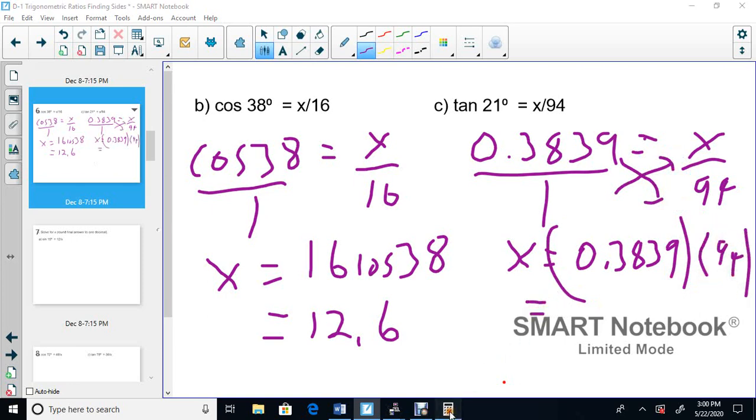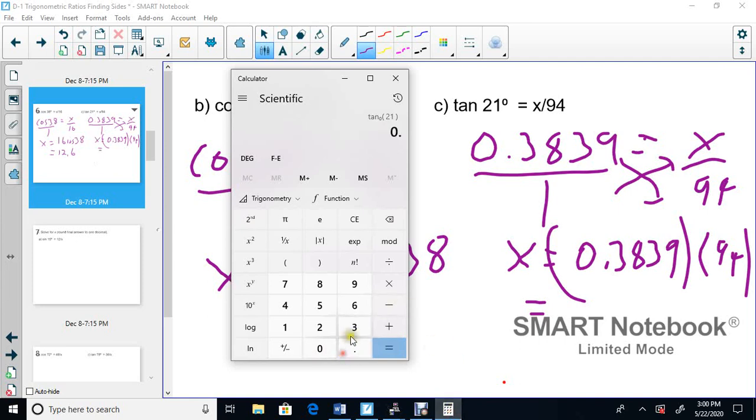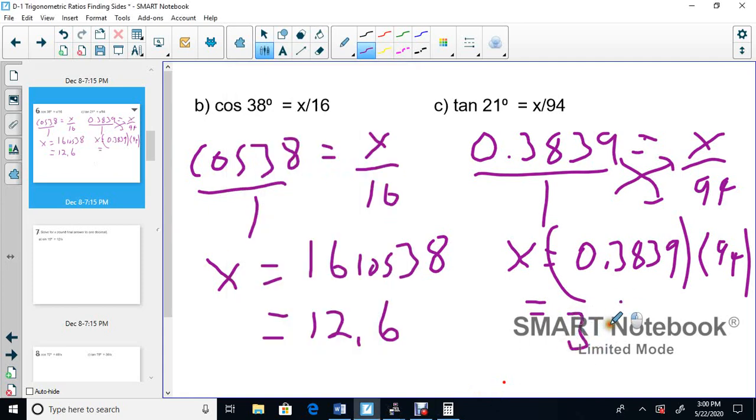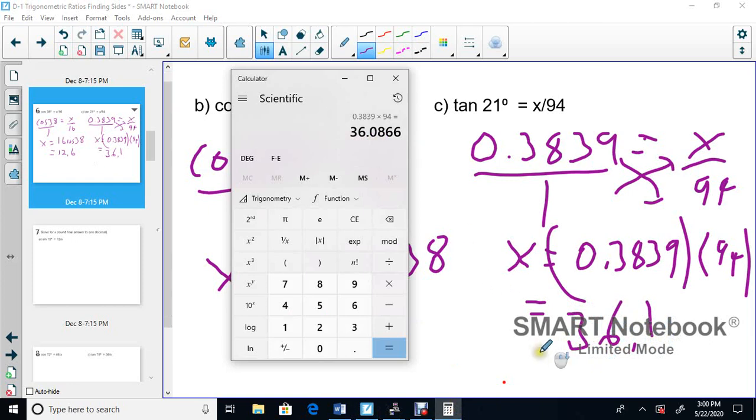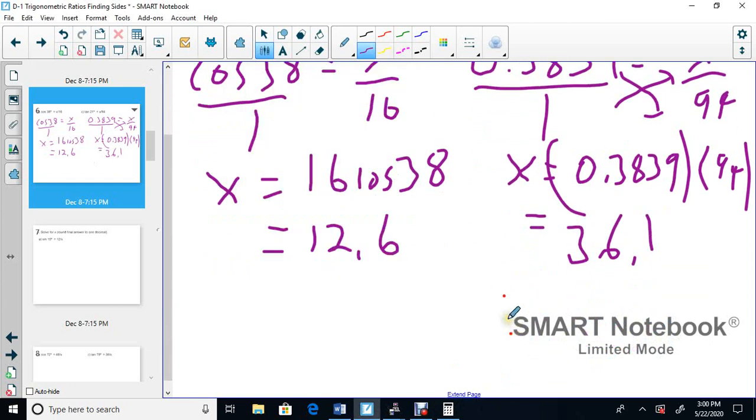And you get, let's go to the calculator, 0.3839 times 94. 36.1 rounded. 36.1. Let's just double check that. 36.1, yes, 36.1. I'll continue some more questions in the next video.